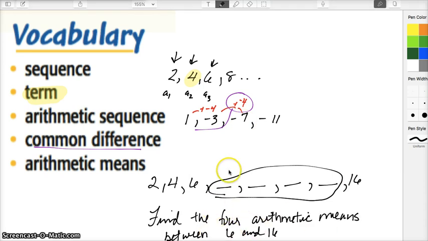This statement would be referring specifically to the 4 numbers that would build up to 16 from 6 in this arithmetic relationship. Okay? So anytime you have numbers that are in an arithmetic sequence but are not side by side, between them you can have arithmetic means: 2, 3, 4, 1. Okay.